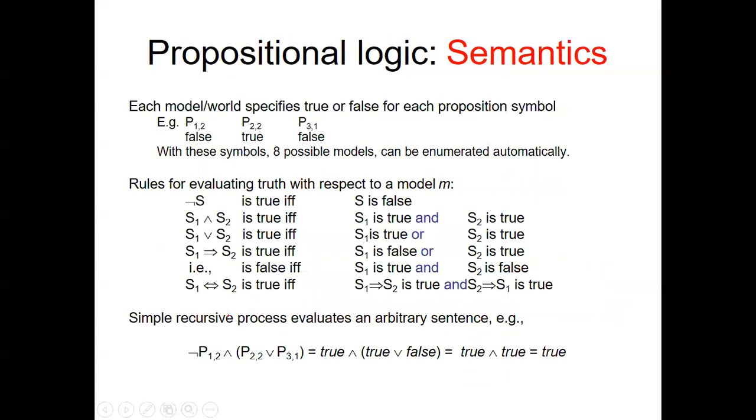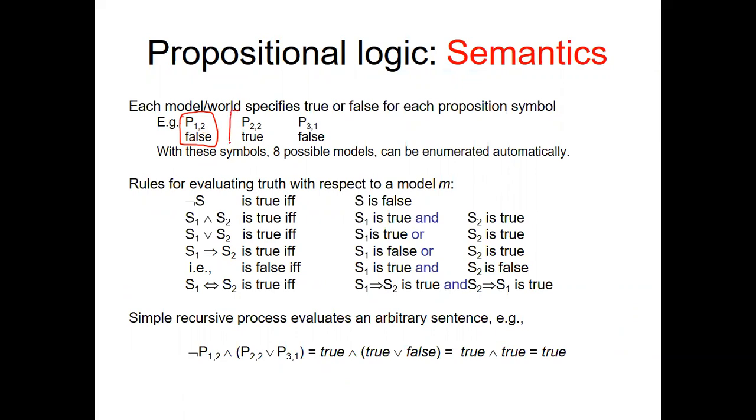So now, how do we represent this Wumpus world problem using propositional logic? For example, we can use symbols like P1,2. Here P represents pit. If P1,2 is false, it means there is no pit in the cell 1,2.